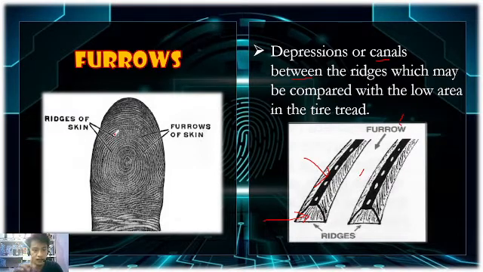Yung nakakabuo ng pattern ng fingerprint natin, or yung nakaka-impress ng fingerprint natin sa smooth surface, whether that is glass or a solid surface, ang nakakabuo ng pattern dyan is yung ridges. Yung mapapansin ninyo na may kulay puti, those are formed by the furrows of our skin. So that is, again, the difference between those two.